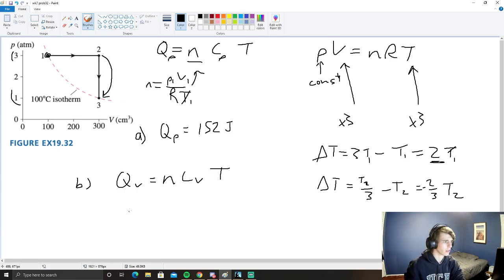Plug all that in, and again the temperature cancels out, I forgot to mention that, and you'll just be left with this ratio. You'll get negative 91.6 joules, or at least that's what I got. That's kind of the basics for that problem. Thank you.